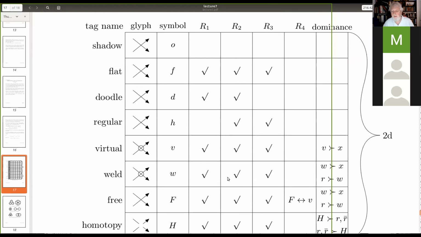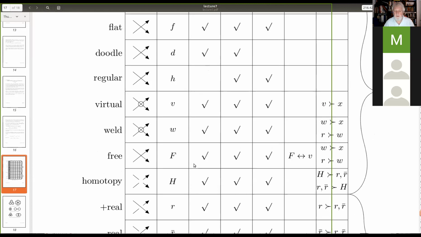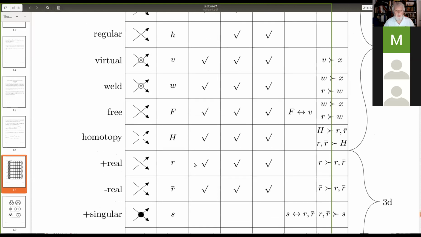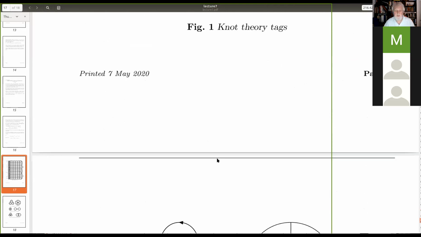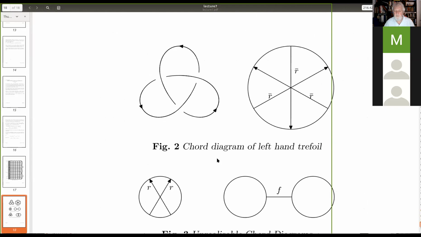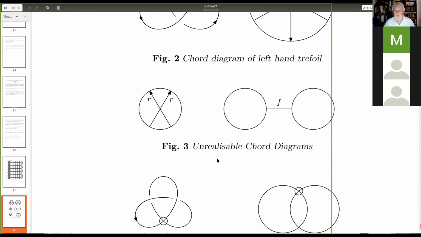Welds are similar, but welds are dominated by real crossings. Anyway, there's lots of other things as well. Singular knots, and they have an inverse. But I'm not going to say any more about that now, and I think I'll stop there.